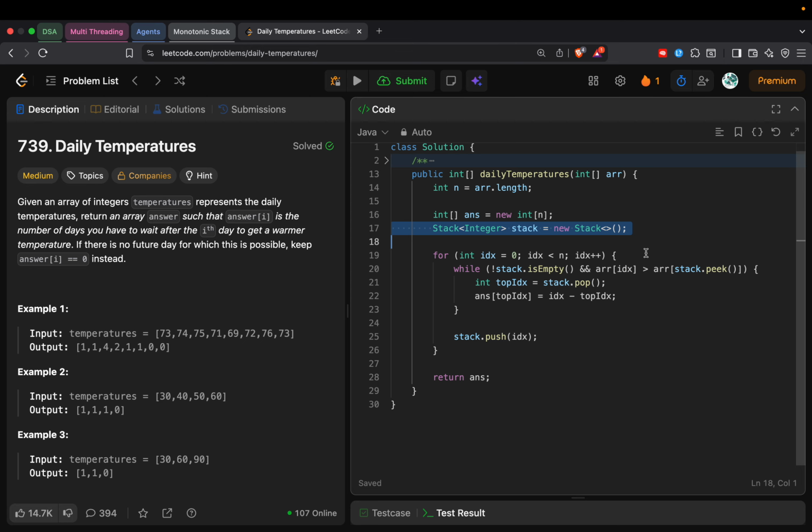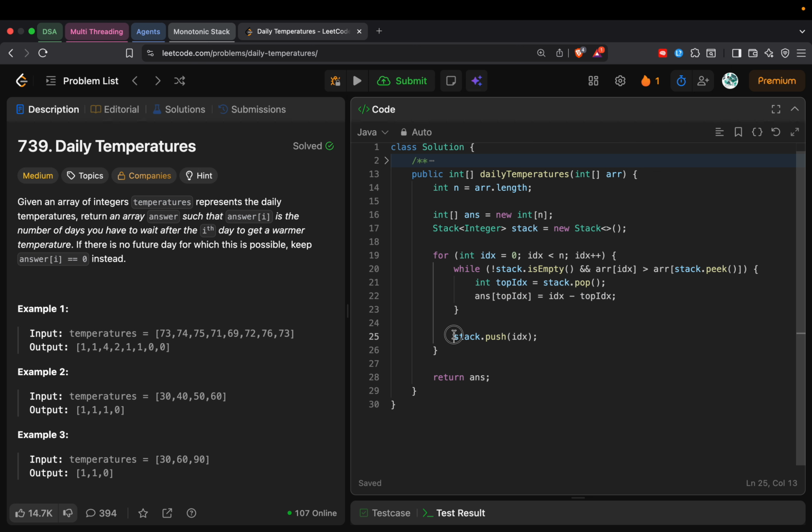So that is what I am using here, and I will be iterating through each and every temperature. The moment I encounter a temperature which is greater than the temperature at the top of the stack, I will pop the element from the stack, and then update the answer at that index. So the current index minus the top index will give me the days I have to wait, so that will be the answer.